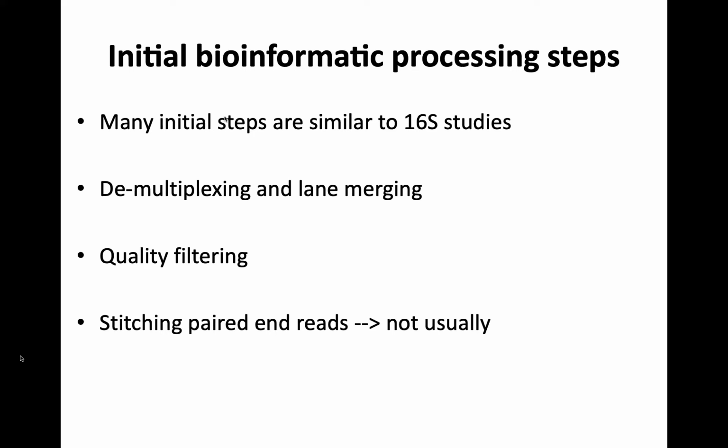We talked about stitching reads a little bit. Usually with paired end sequencing, which is typically done with Illumina, unlike 16S or amplicon sequences where the majority will overlap if your amplicon's small enough, and you would stitch those together. With metagenomic sequencing, the fragment of DNA that gets sequenced is variable, right? Because you're randomly chopping things up.